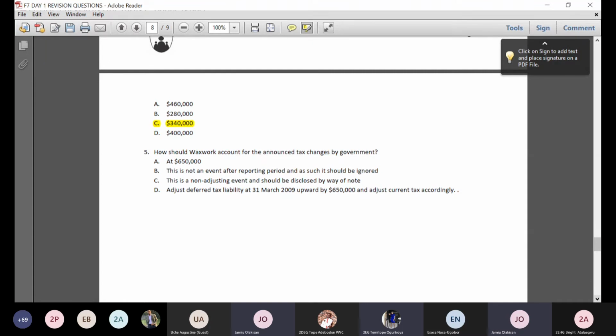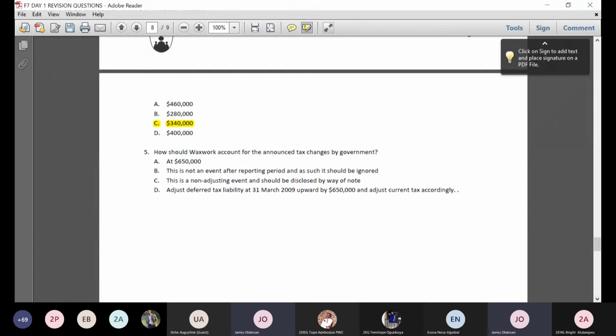Option D says adjust deferred tax liability at 31st March 2009 upward by 650 and adjust current tax accordingly. Okay. Nobody chose option A, right? And nobody chose option B. I chose B. The correct answer is B.